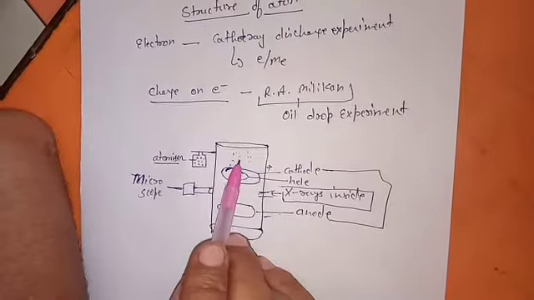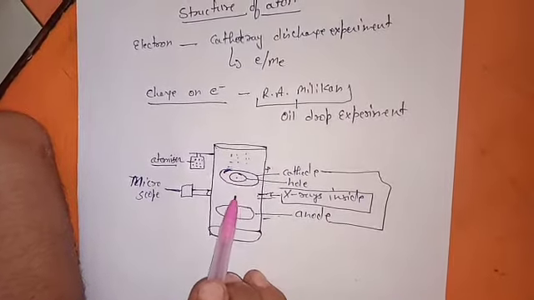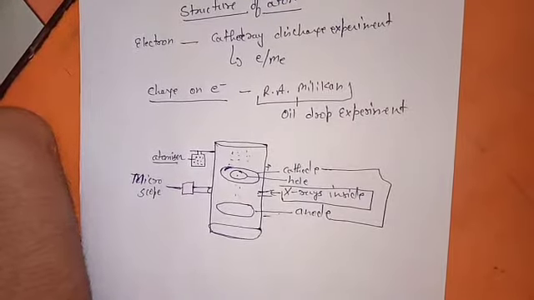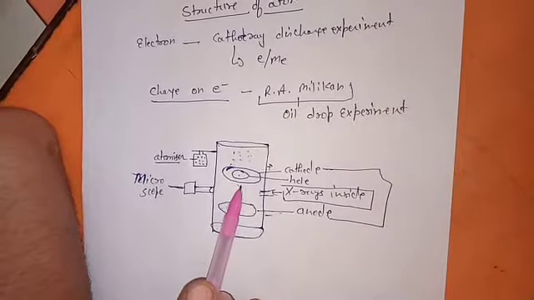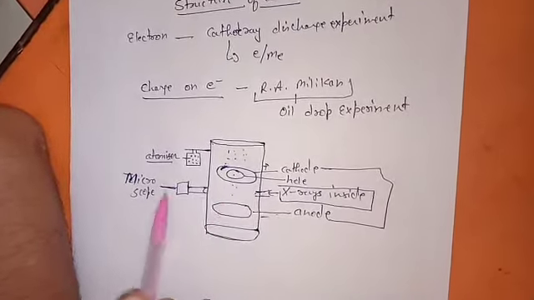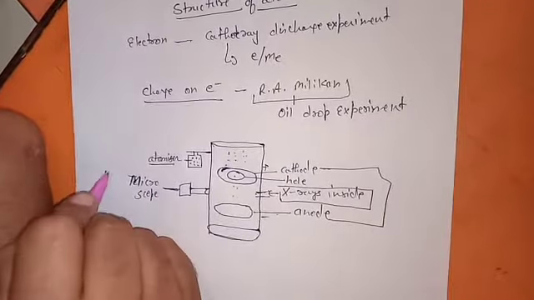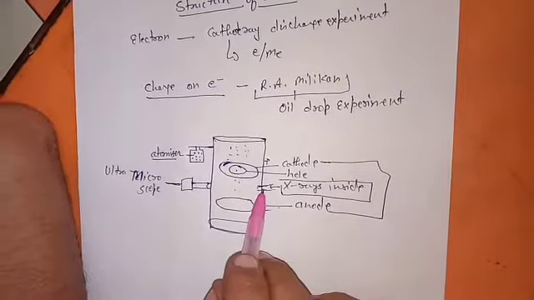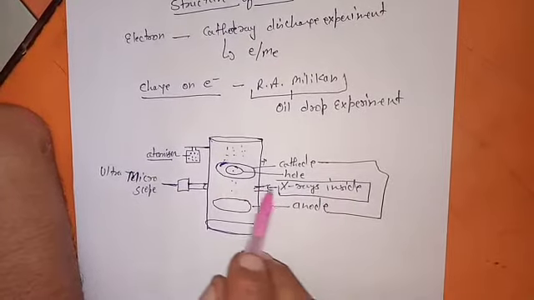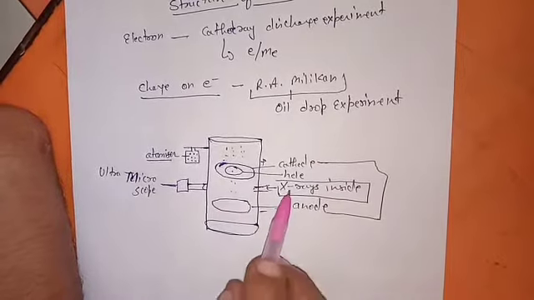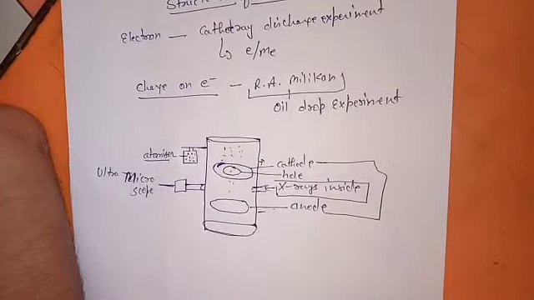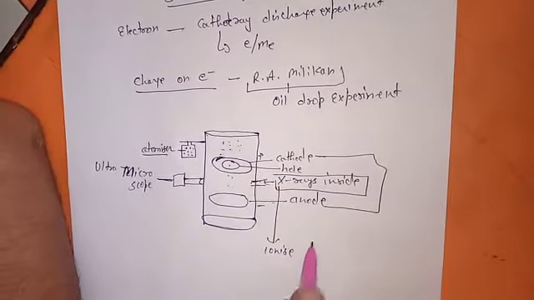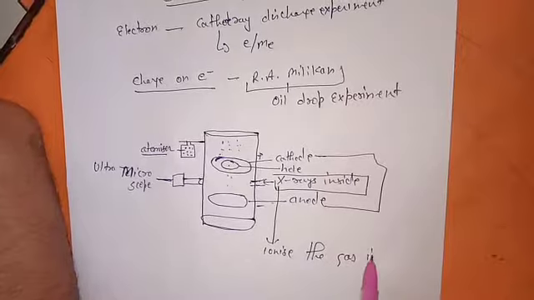Due to gravity these oil particles start moving down towards the anode, and you are looking at these oil drops through the ultra microscope. Next, you pass X-rays to the oil drops. These X-rays ionize the gas inside.